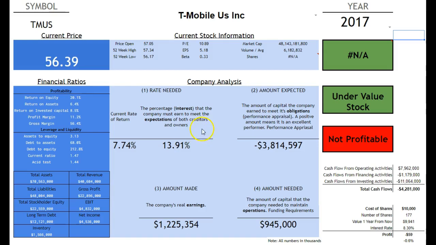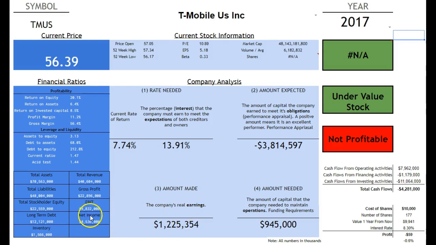So again, this section here, the amount expected, is basically the economic value added. It's a formula that you can figure out if you Google it or pick up any financial book. Again, all this information comes from the financial statements. The company's real earnings, this is the economic net earnings.